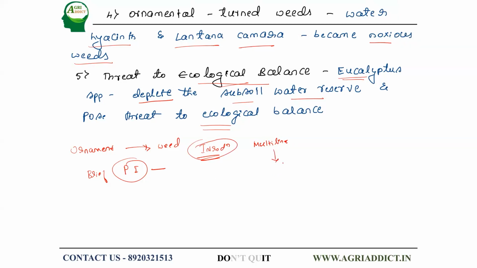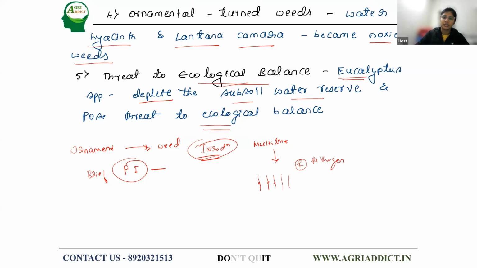Okay. In multi-line, you will mix many lines which carry, let us say, resistance for some kind of pathogen. You'll mix many lines carrying different resistance genes, so that you will get a broad spectrum resistance. That is the role of the multi-line.